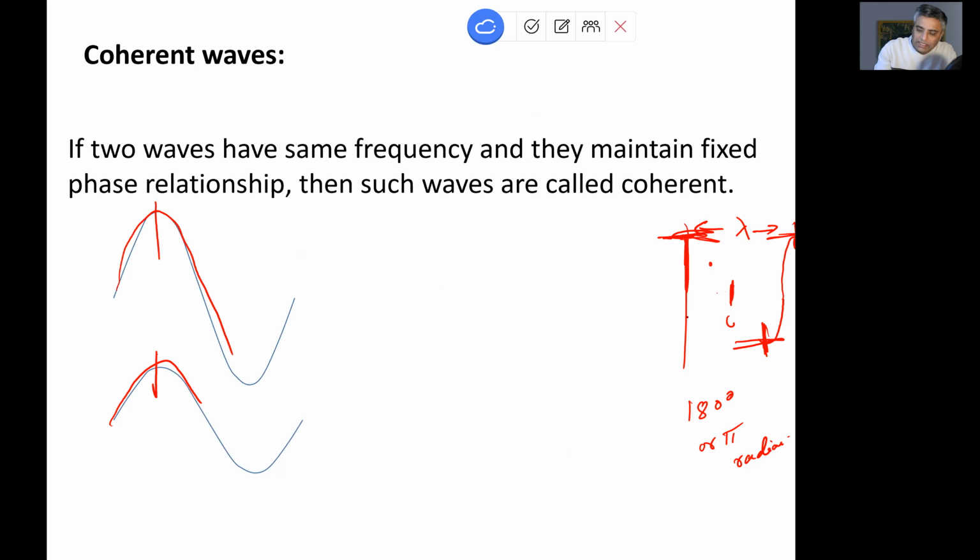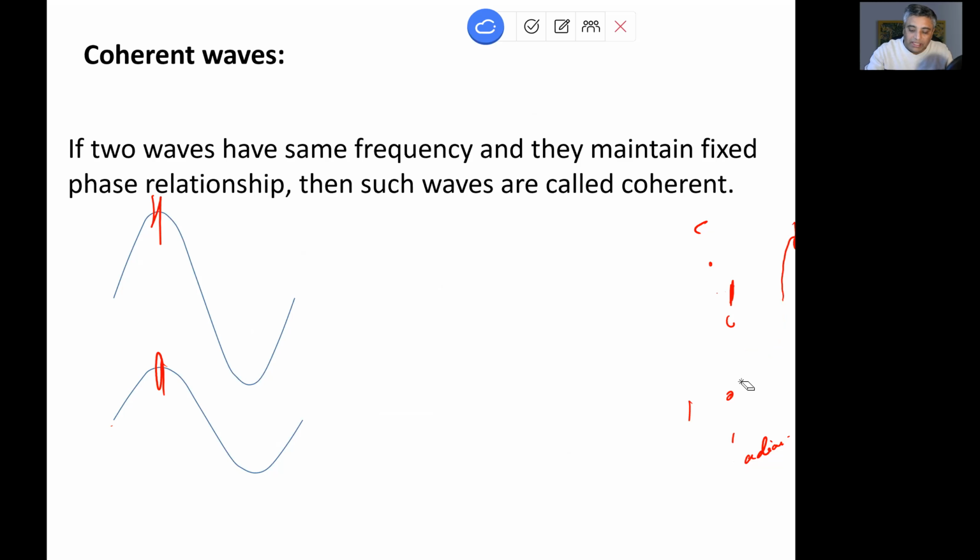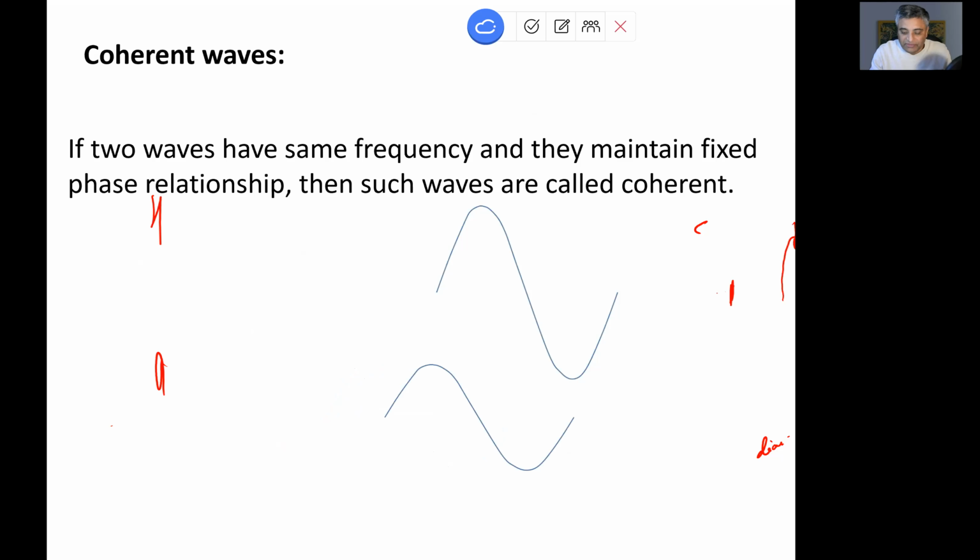So here, when it says maintains a fixed phase relationship, what it means is that right now they are lined up, and when they travel, let's say moving from here to here, they are keeping the fixed phase relationship.